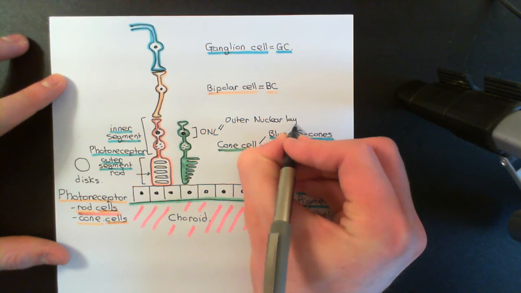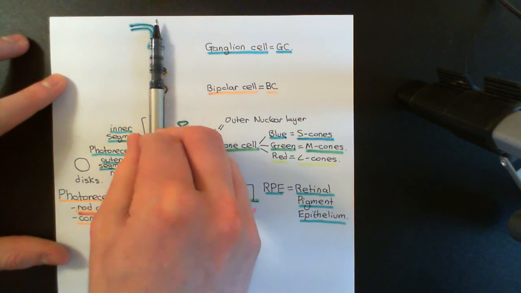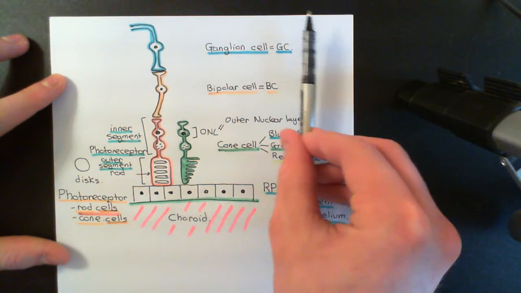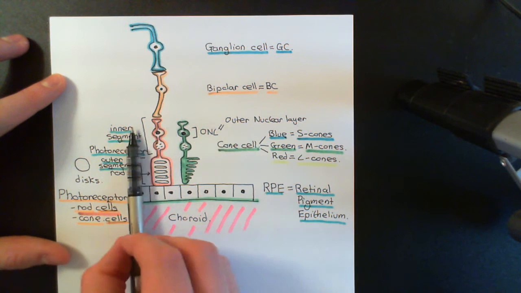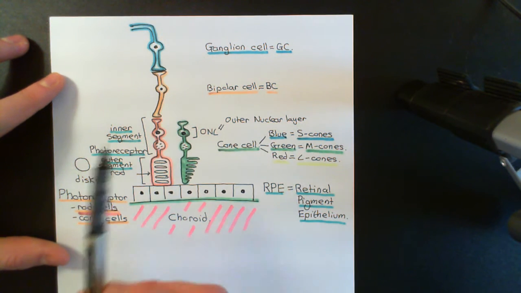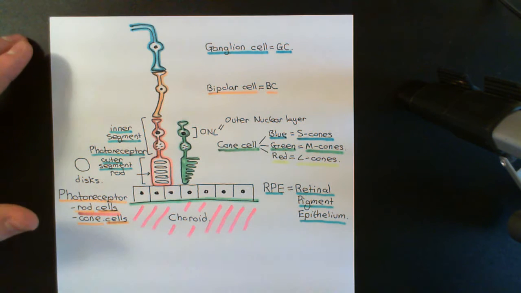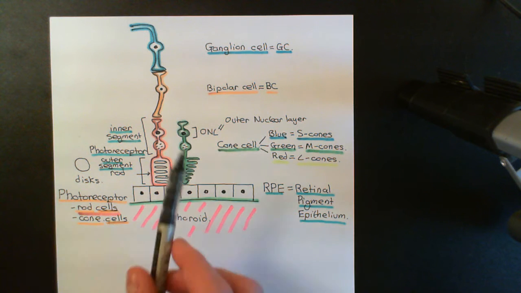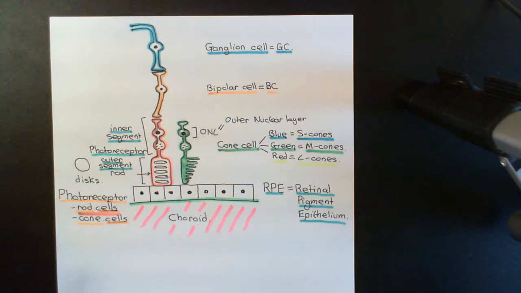So when you look at a section of the retina histologically, I've just drawn one of these series. There will be loads of these. Imagine replicating this loads and loads of times. You'd have loads of these photoreceptor cell bodies in a great big line, and this is a very distinguishable layer. It looks very obvious because you can see the nuclei. So that's why this layer is known as the outer nuclear layer. It's very obvious when you see it histologically. So in terms of my picture, it's not truly obvious why you would want to use these terms.